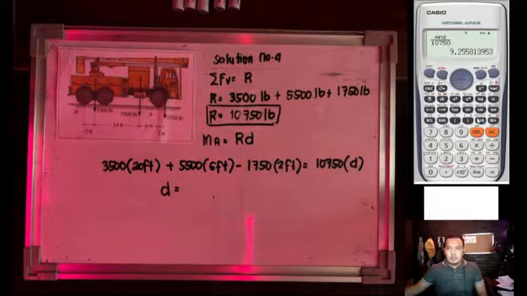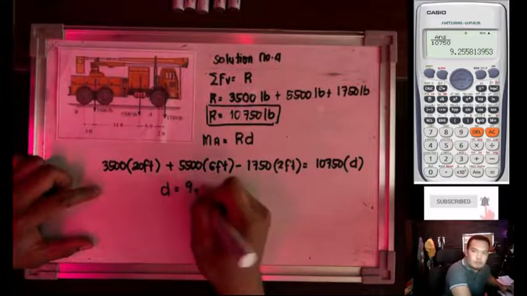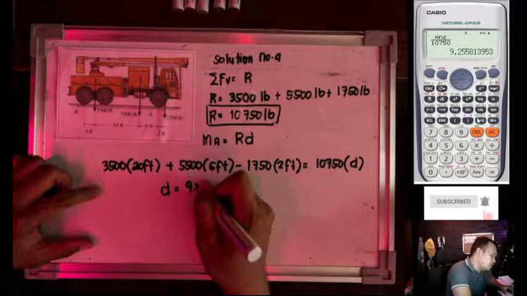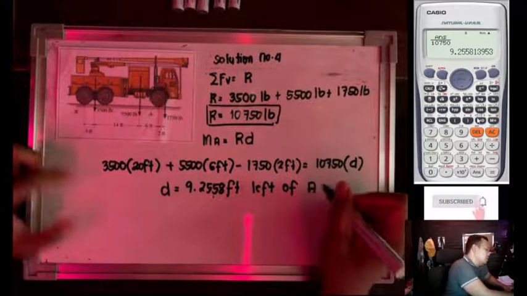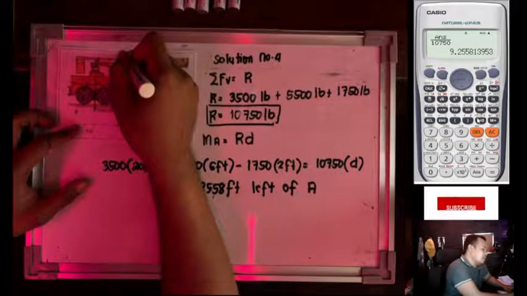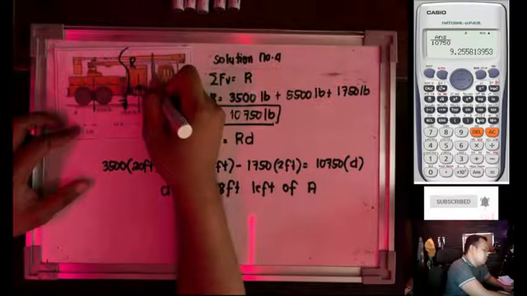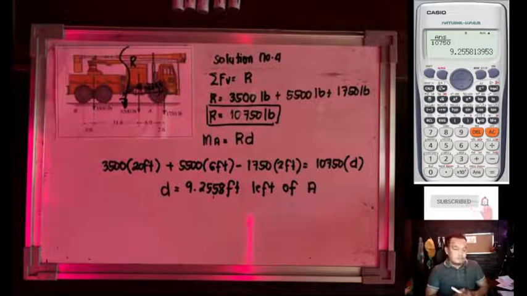So meron tayong 9.2558, 9.2558 feet left of A. Ibig sabihin nandito yung resultant. First natin, may distance dito, papunta dito, which is 9.2558. Okay? So, yan.